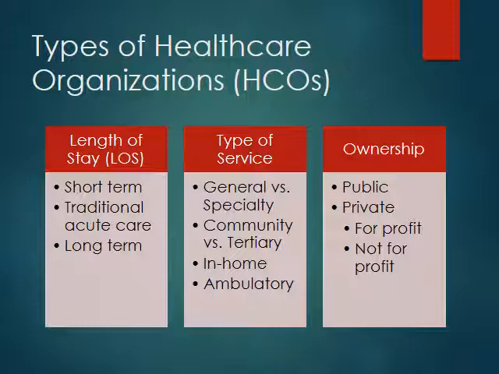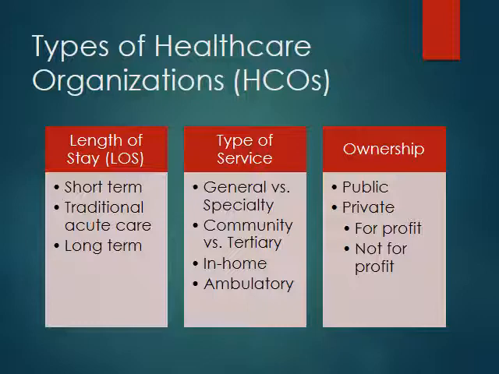The ownership structure of HCOs can vary too. A public HCO is owned or operated by a government or a government agency, like the VA system, for example. Private HCOs can be for-profit or not-for-profit, otherwise known as charitable.